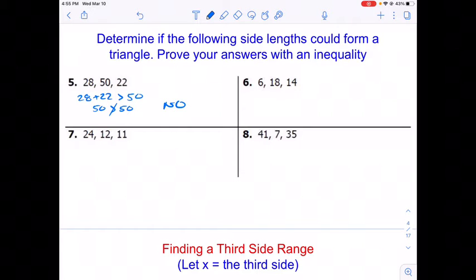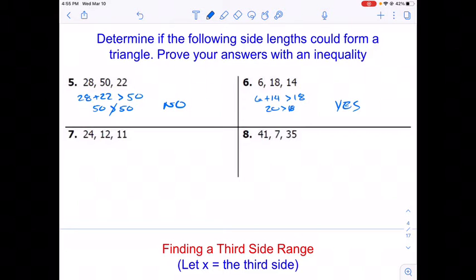If we have 6, 18, and 14 here, we do 6 plus 14. We're going to see, is this bigger than 18? Well, that gives us 20, bigger than 18. So the answer to this one is yes.